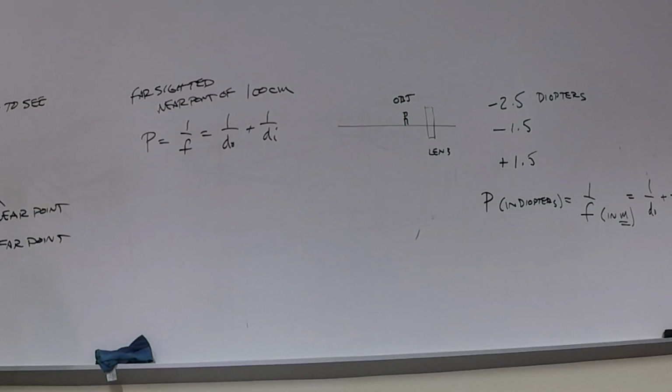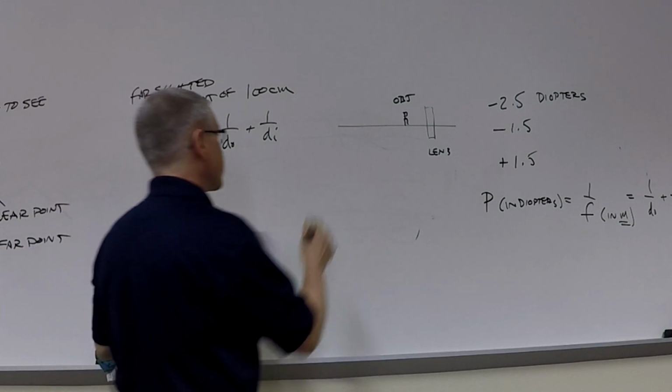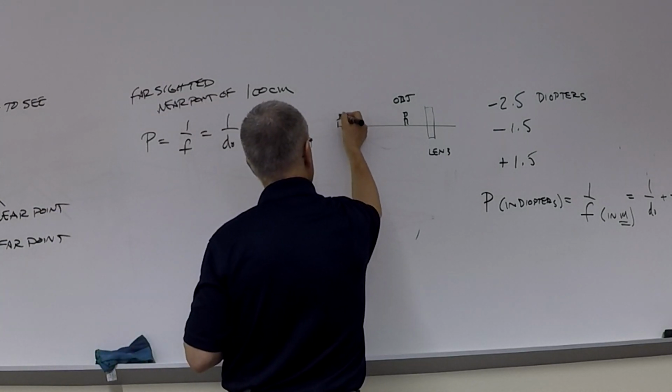So again, we want an object 25 centimeters away. And where do we want the image? Out there where they can see it, right? So just be careful of this one thing. Where is that on the picture? Over here someplace. There's the near point, so that's over here someplace.